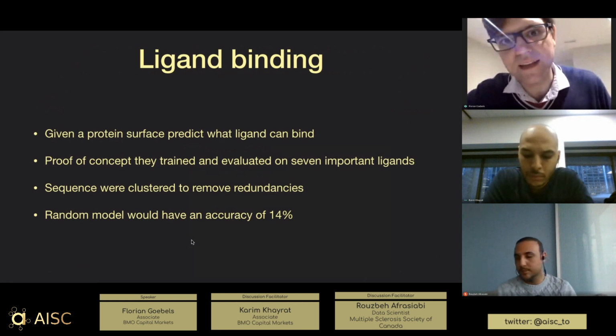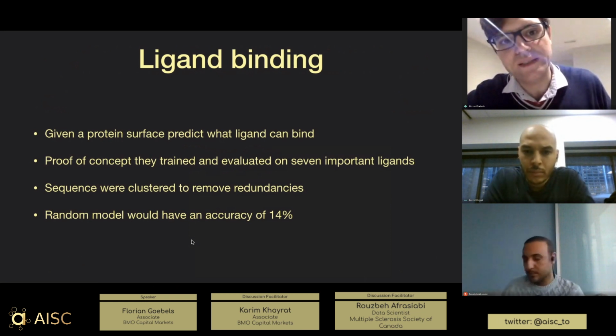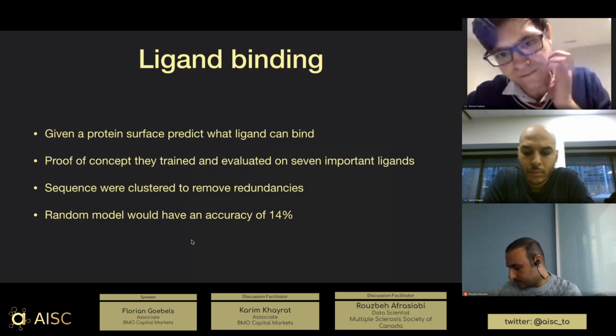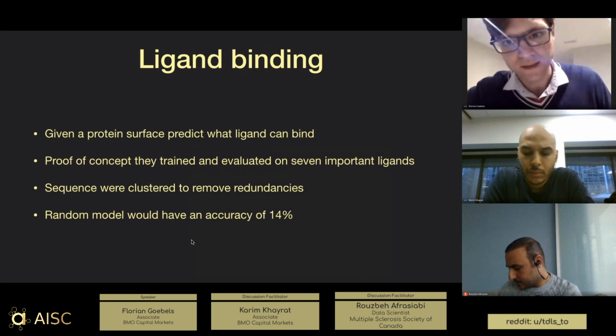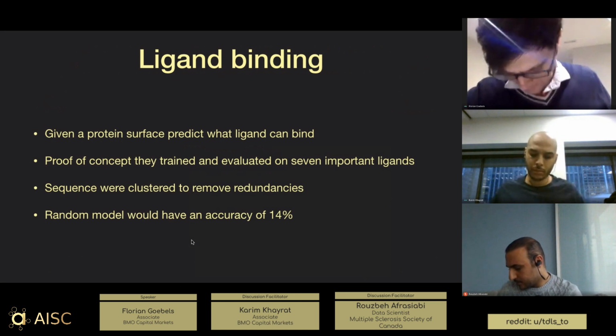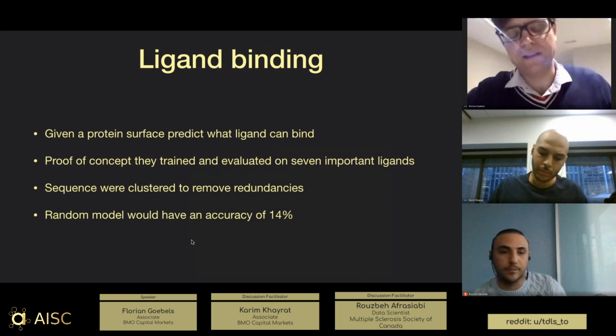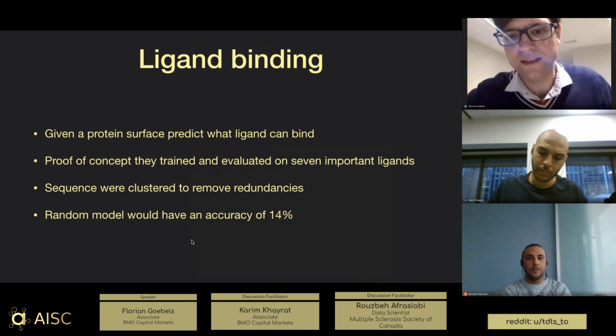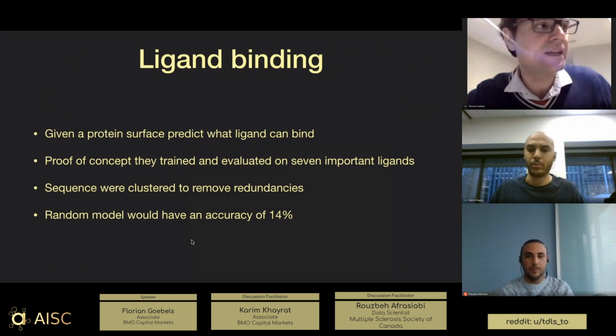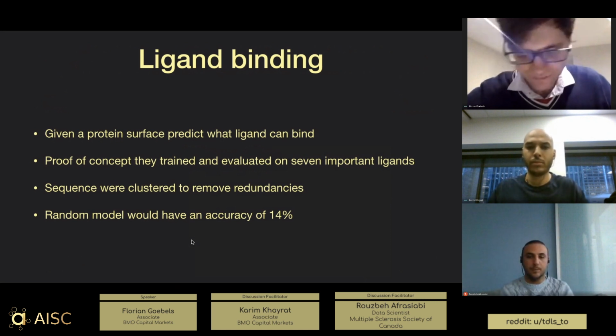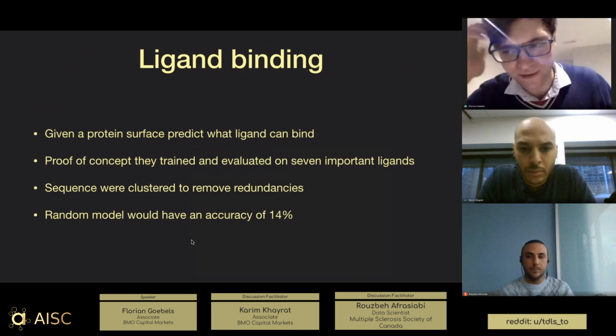For the ligand binding, for a given protein surface, they predict which ligand can bind, and they start with 7 ligands. That's one of the parts I didn't like that much, because the way it is built, as you will see later, it's going to be some type of softmax across all those 7 ligands.